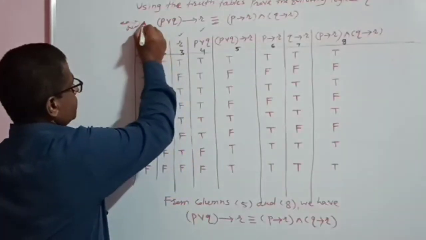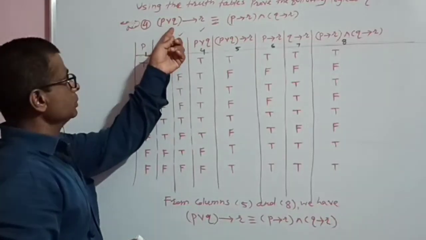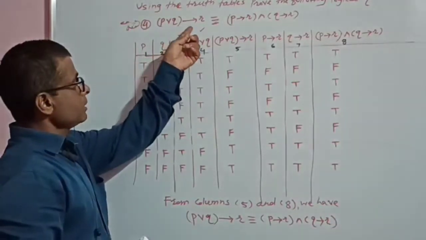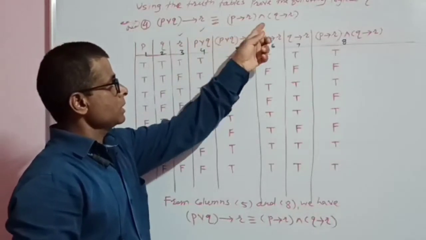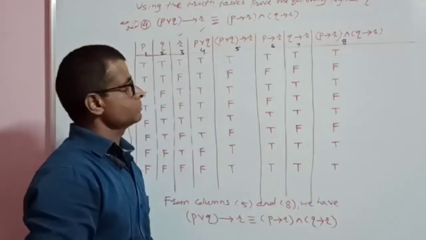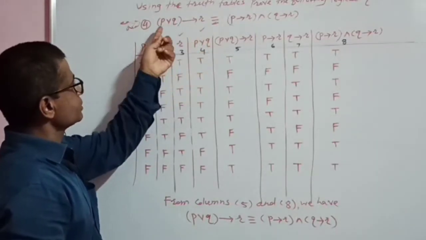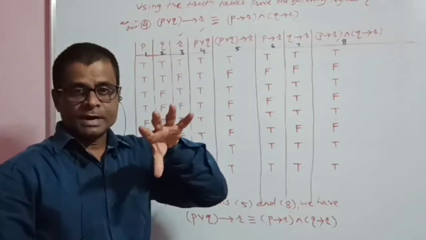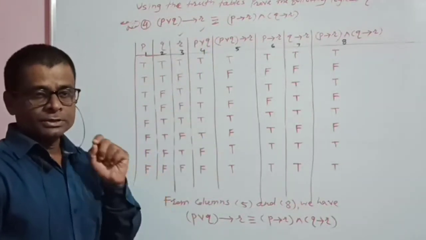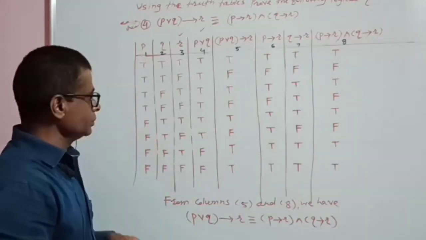Take the next example. P disjunction Q implication R is logically equivalent to P implication R conjunction Q implication R. So in a given statement pattern, 3 statement letters are present, P, Q and R. If the 3 statement letters are present, then each statement letter consists of 8 truth values.